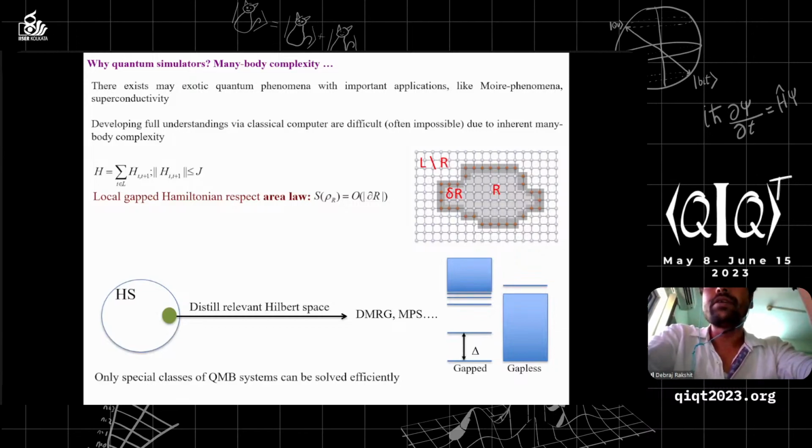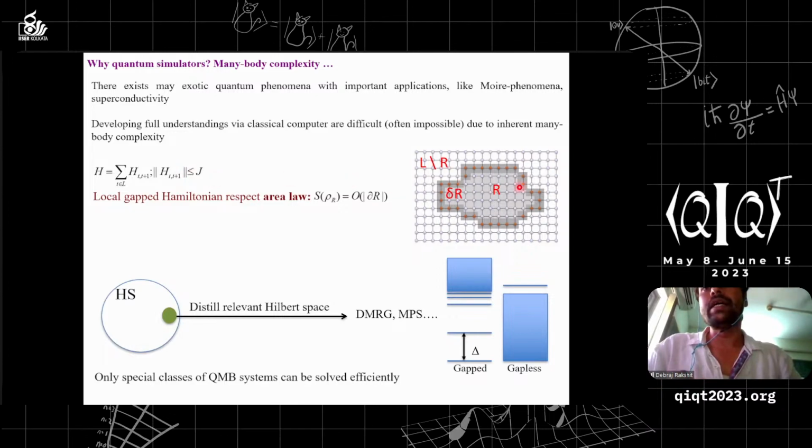So for example, here I am showing this one. Let's say there is a square lattice, and you have a Hamiltonian that is a sum of local Hamiltonians. Okay, and they are bounded, so they are not unbounded.